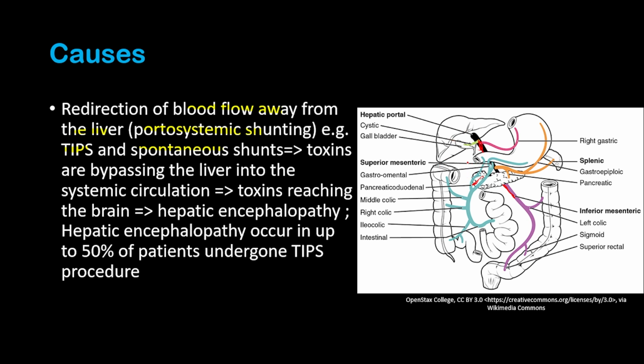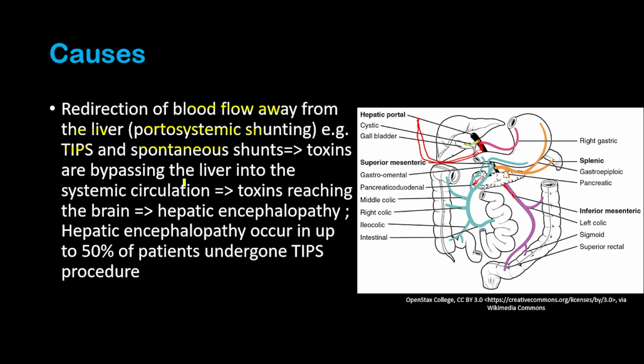So instead, the blood will be shunted from the portal vein and directly into the systemic circulation through one way or another. And by this mechanism, the liver will be bypassed and it cannot detoxify toxins anymore.